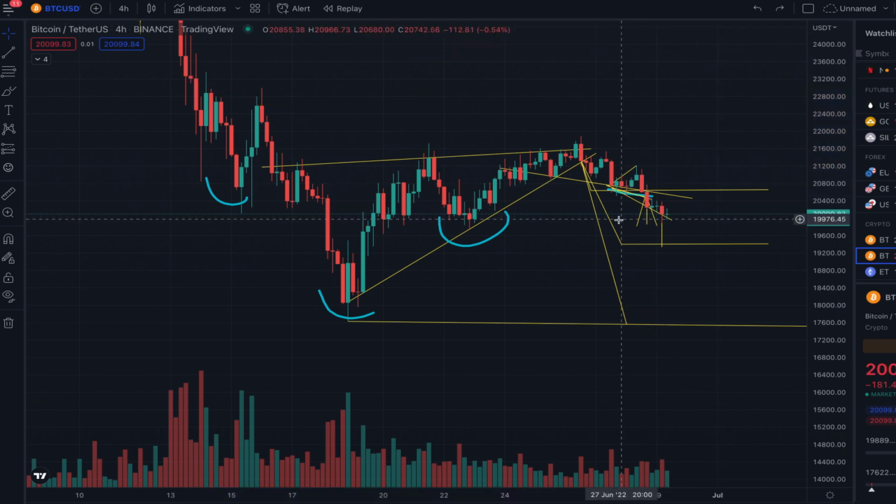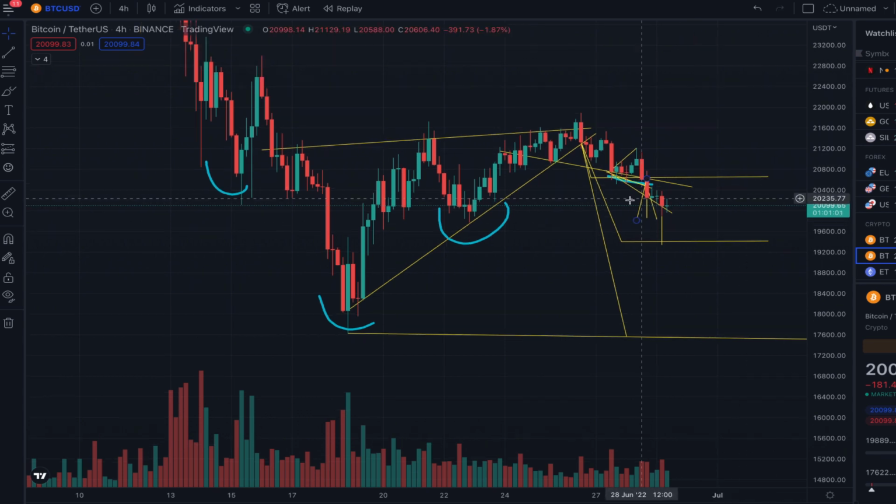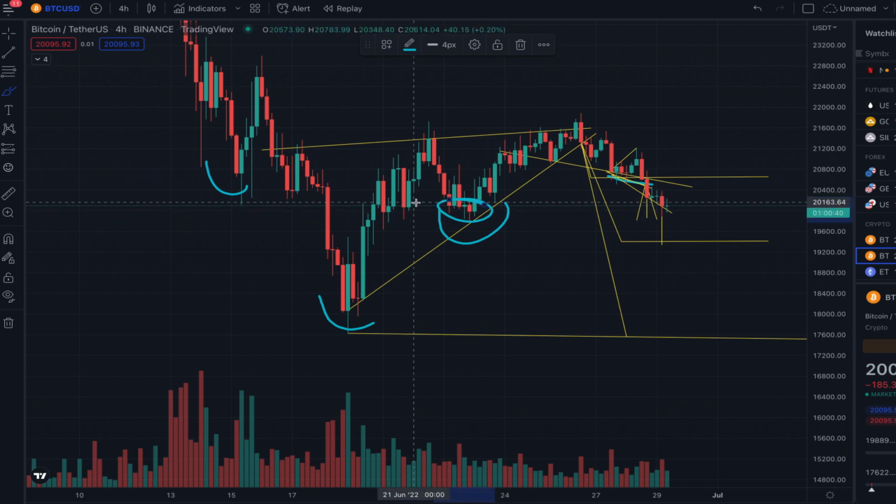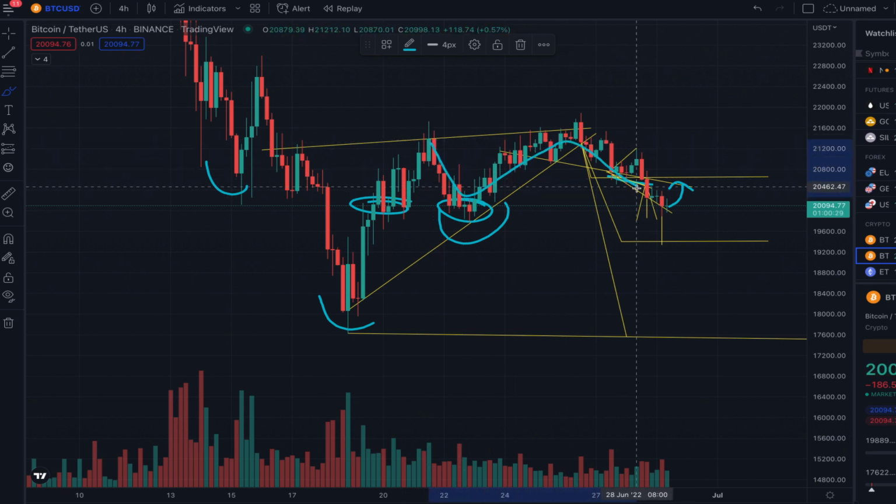So what we see here is Bitcoin facing a lot of support here, and that support is basically coming because this right here is the very strong zone of support of this triangle. Now you can see the strong zone of support by this price action right here. So if this actually goes to the upside, this now would have been a W pattern.